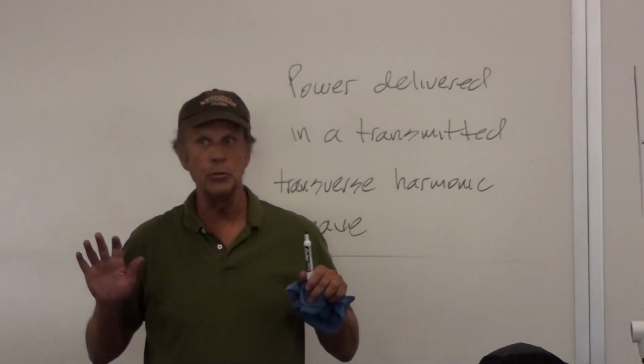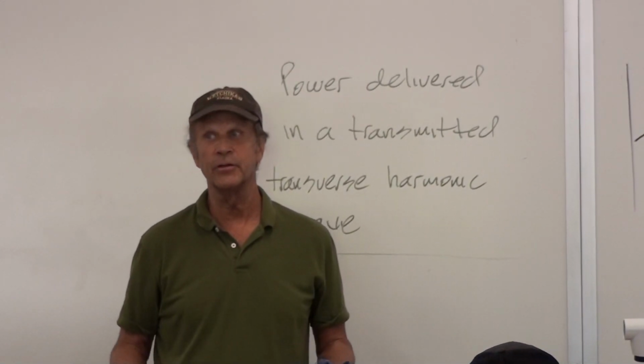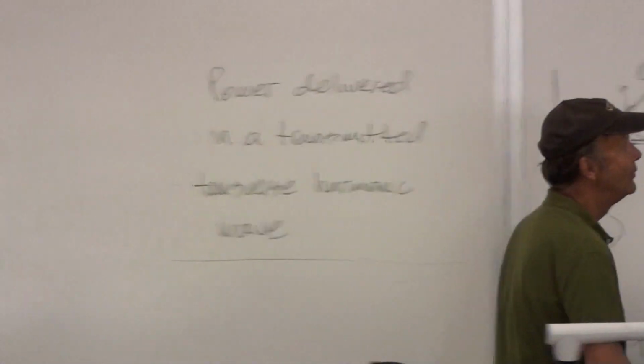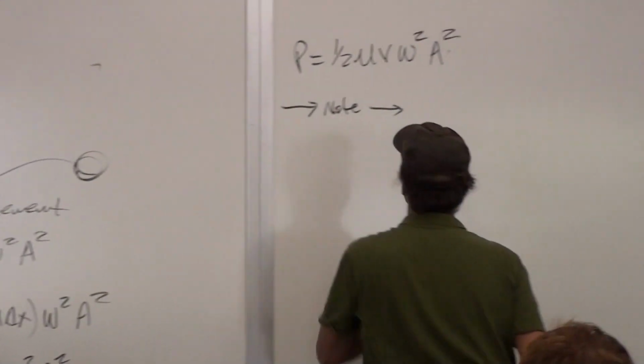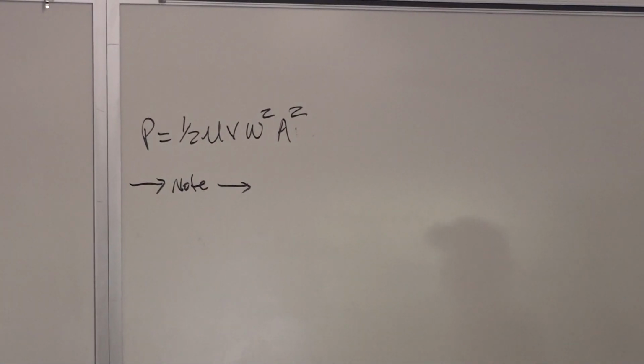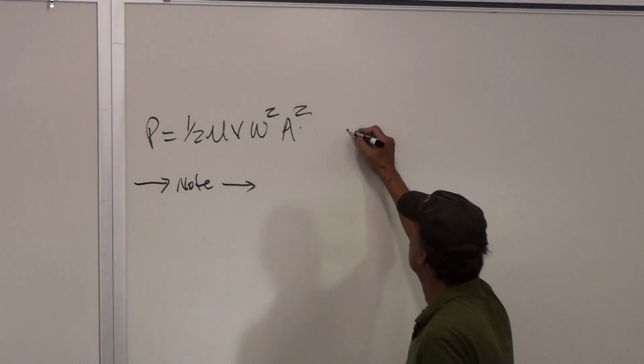Then you're quadrupling the power. So doubling the amplitude is going to make it sound 4 times louder, assuming that your ears pick up all the frequencies the same, which they don't. But if you assume that, the power is proportional to the amplitude squared. And so if we already know what the velocity is, then this is a useful form.